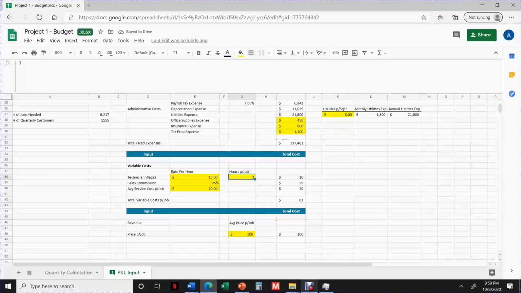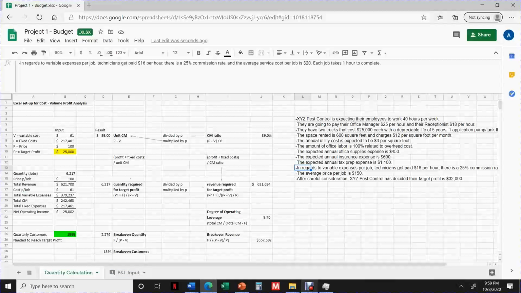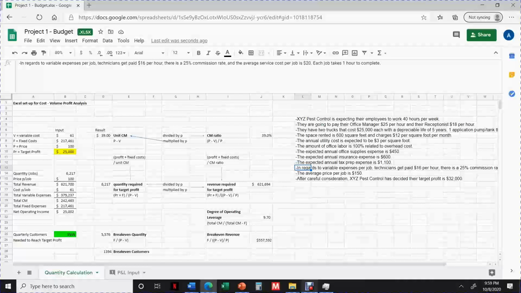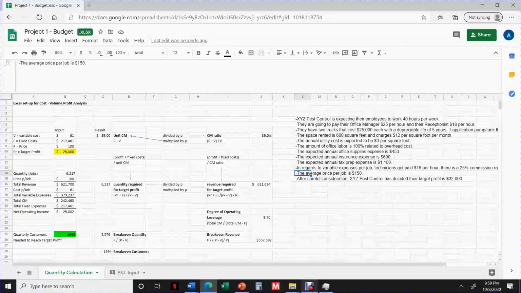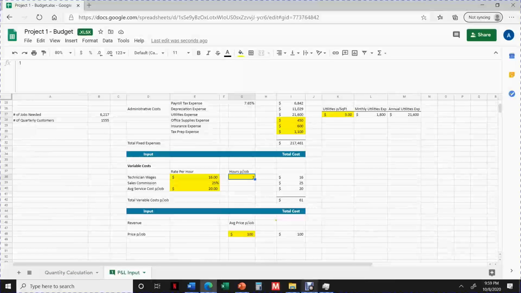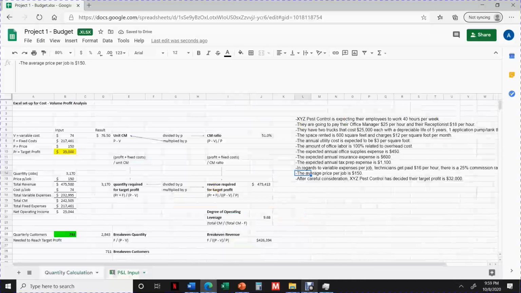So you see our variable cost is now up to $61 per job. Okay. The average price per job is $150, which is nice. Okay, so we updated that. Let's go back and check.